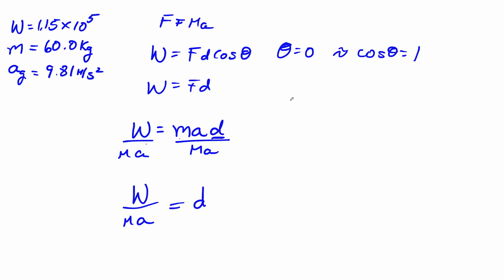So here we go: 1.15 times 10 to the 5th over 60.0 times 9.81 should equal the distance we travel from the ground floor all the way up to the top.